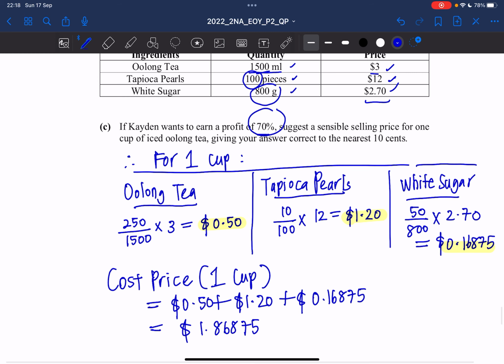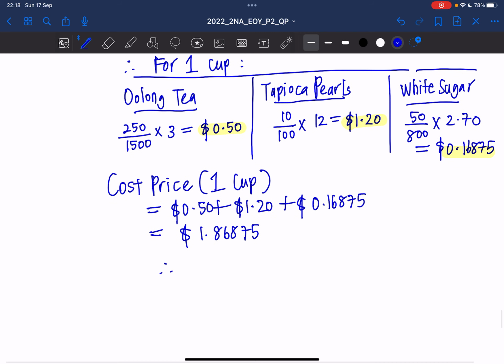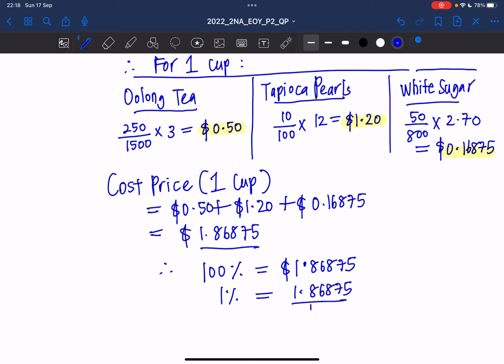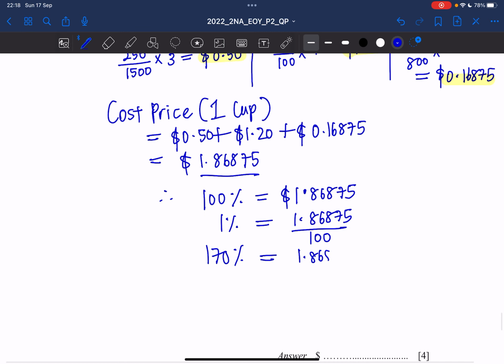So since you want to earn 70% profit, right? So you can put 100% equals to 1.86875. So you find 1%, 1.86875 divided by 100. Then since you want 70% profit, so 170%. 1.86875 divided by 100 times 170.